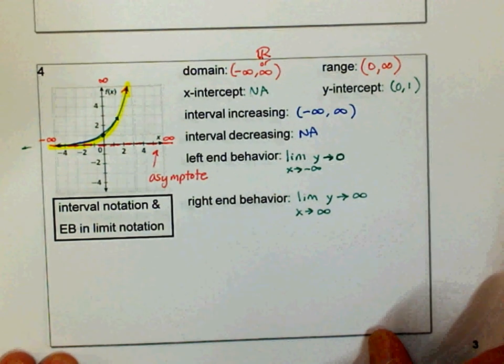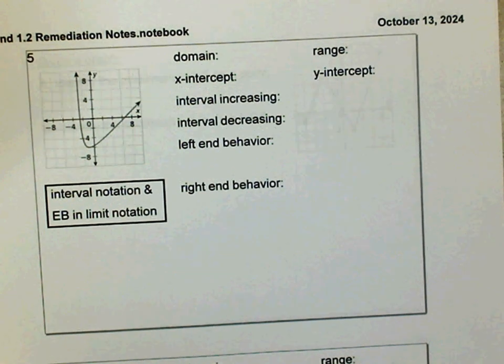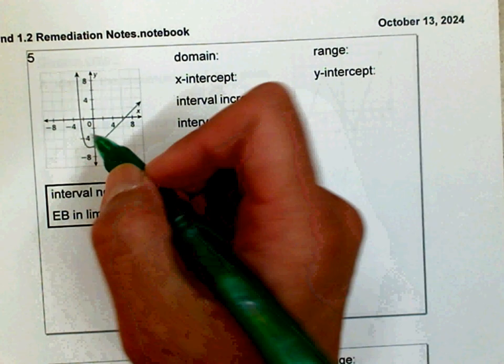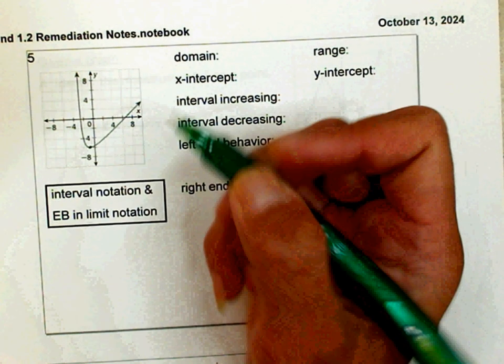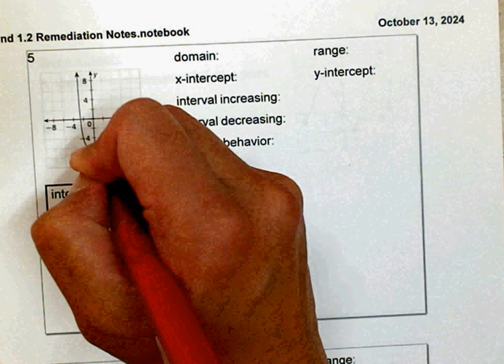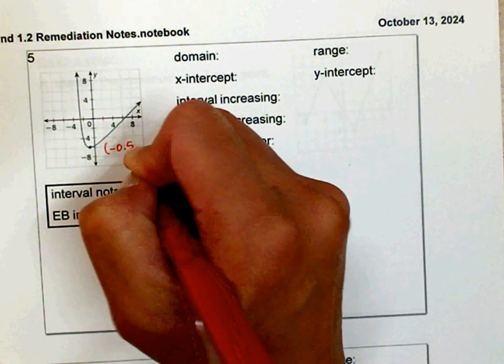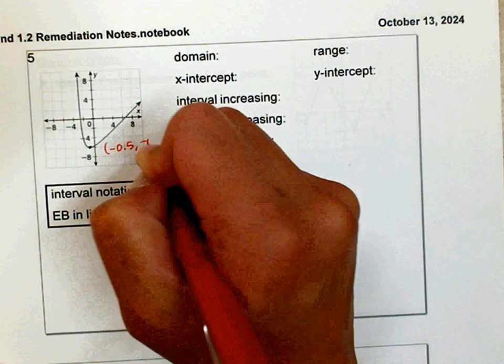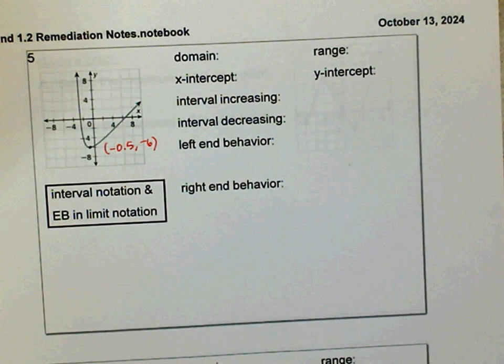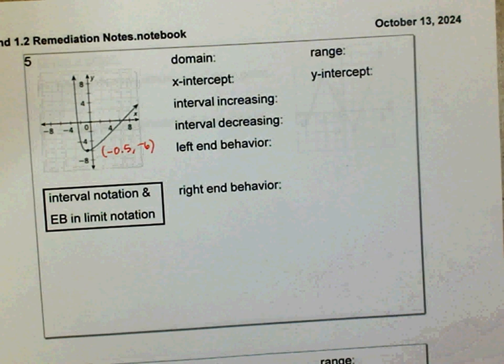Example 5. Okay, let's take a look at this one. Okay, so here's a turn. I'm not sure what that point is, but we're going to make up, that looks like negative 0.5 and negative 6. Okay, so that way you kind of have a point of what I'm talking about. Domain, far left, it doesn't stop here.